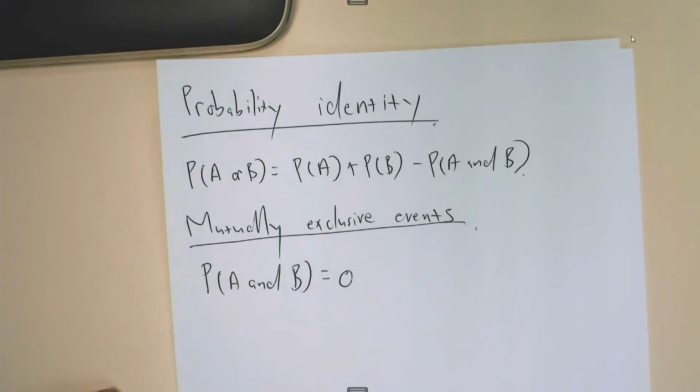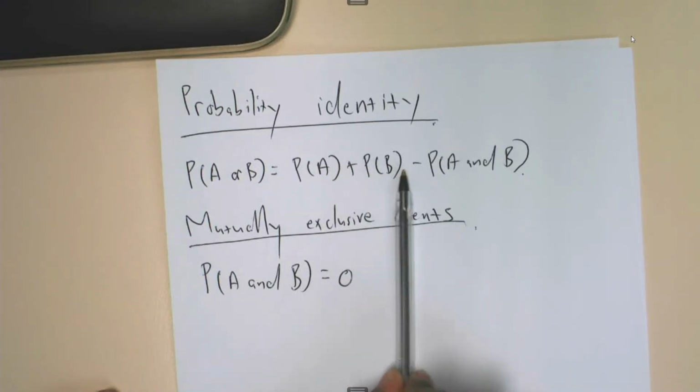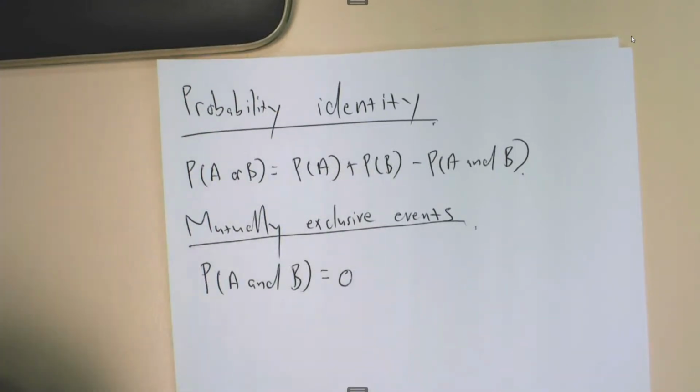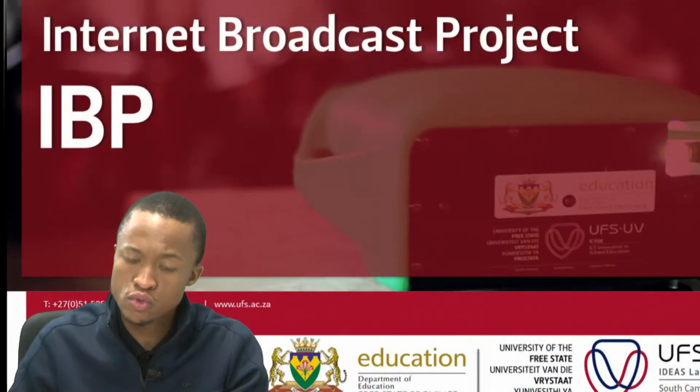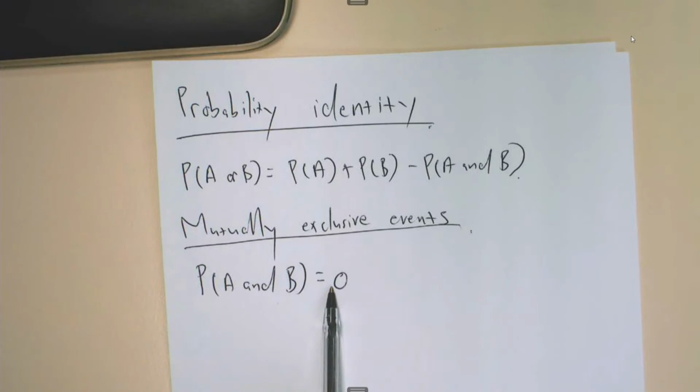A and B can represent any two events. For as long as we're trying to find the probability of those two events, and if they are mutually exclusive, remember that the probability of A and B will always be 0.